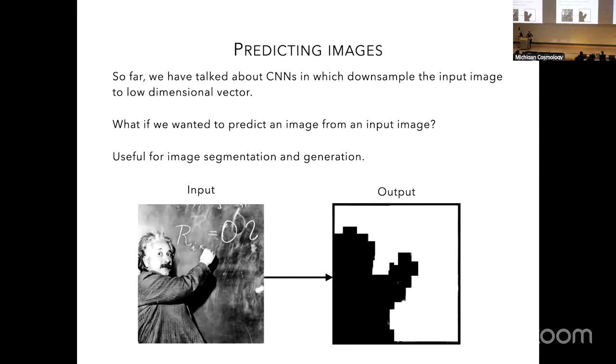So now that allows us to do regression for a handful of numbers. And that also allows us to do classification for a handful of classes. But sometimes we don't want to predict the mass of a galaxy, we want to predict a segmentation map of where the galaxy is.